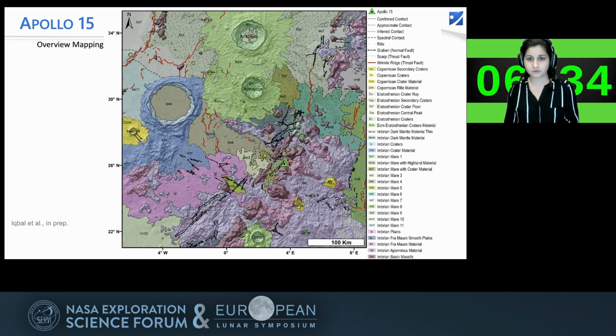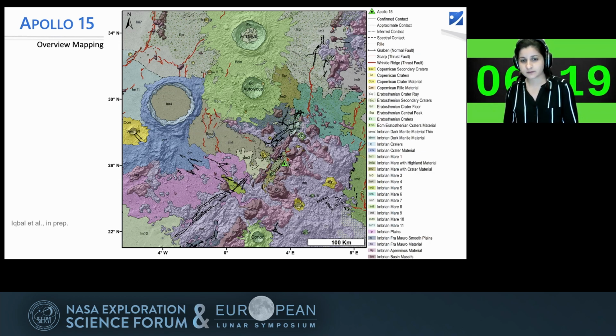This is an overview around the Apollo 15 landing site, and the green triangle in the middle represents the position of the lunar module, in the east of Rima Hadley. We use spectral data to map various mare units here.